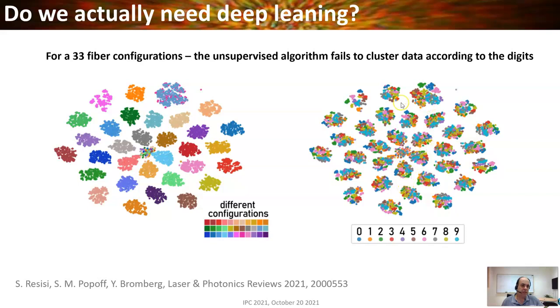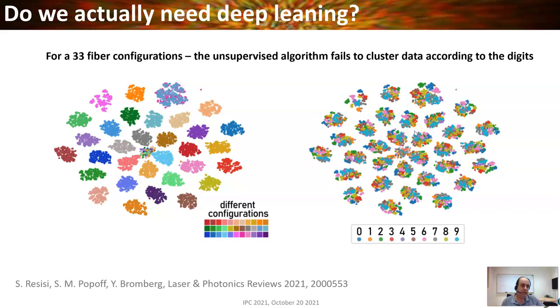The mixing of the different colors shows us that this simple unsupervised algorithm could not distinguish digits from different classes. So the unsupervised algorithm failed where the deep neural network succeeded.